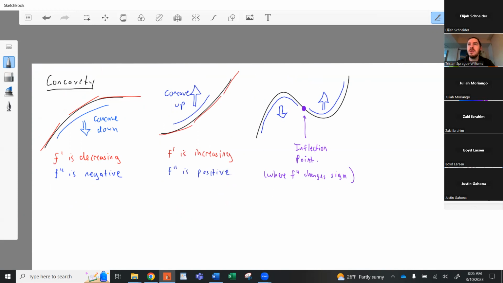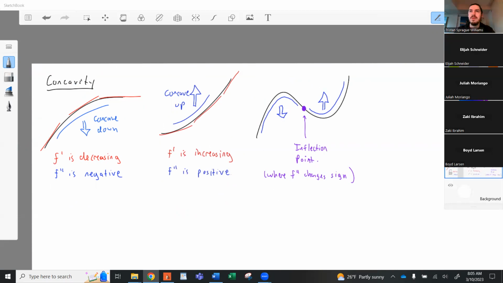So today we're going to do an analysis of a function. I neglected to really prepare one, so I'm going to nab Desmos here and just grab a good one. It's going to make a good one real quick.